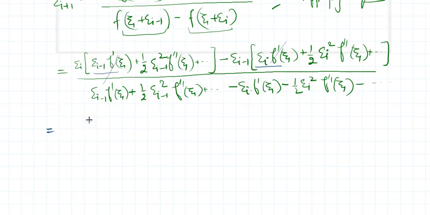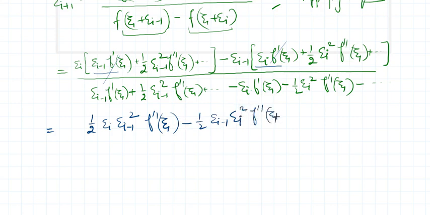So it is 1/2 ε_i ε_{i-1}² f''(ξ) minus 1/2 ε_{i-1} ε_i² f''(ξ). And we neglected higher order terms. So higher order terms can be neglected, right? So that's what will happen.